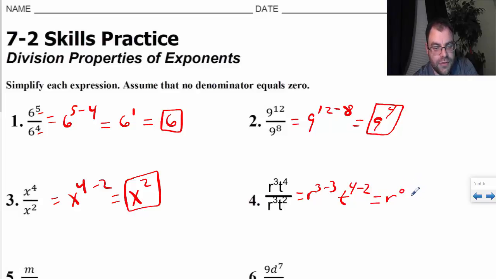And 4 minus 2 is going to be 2, so this will be t squared. Another law that you've learned is that anything to the power of 0 is 1. So we're going to cross this out and make it 1. So what you have is basically 1 times t squared, which is just t squared. That's all you're going to get out of this.